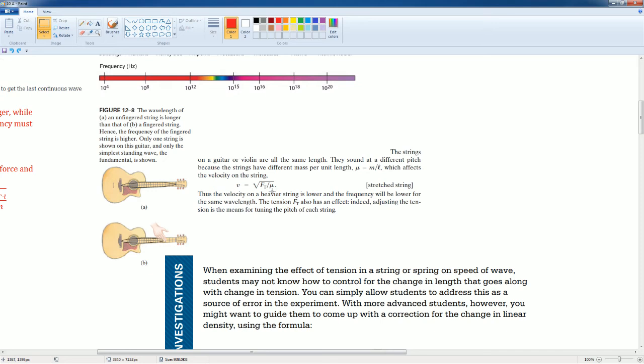Thus, the velocity on a heavier string is lower, and the frequency will be lower for that same wavelength. The tension F_T also has an effect. Indeed, adjusting the tension is the means for tuning the pitch of each string. That's why here the velocity can change based on these things. So these are the notes for it.